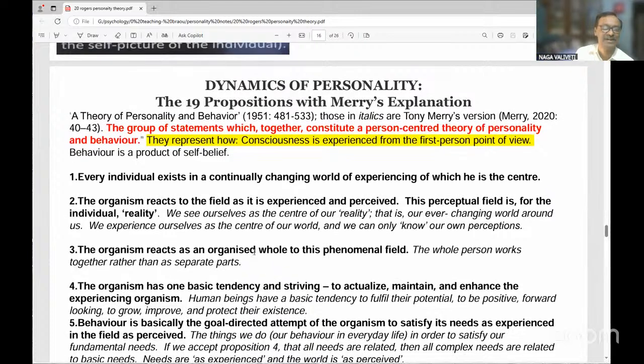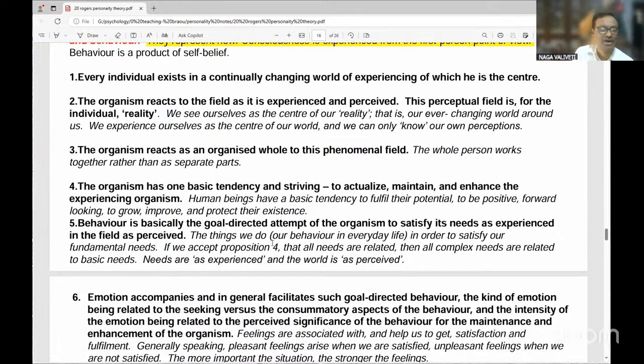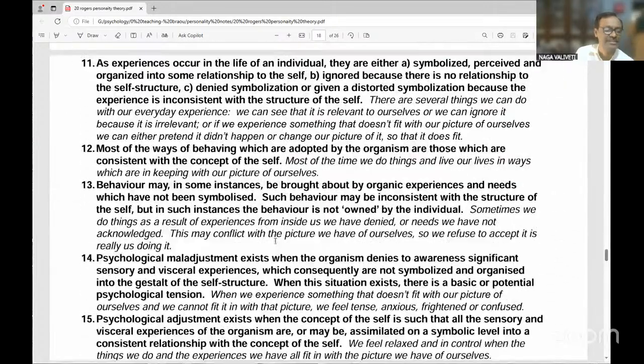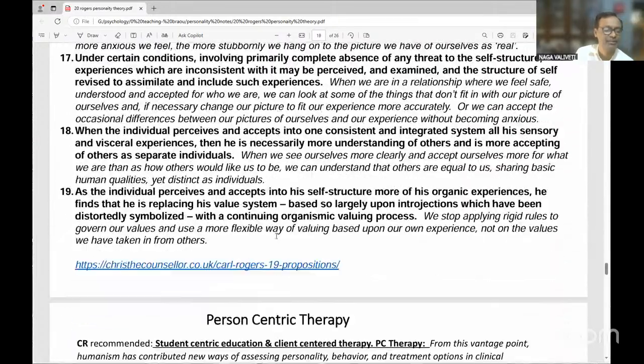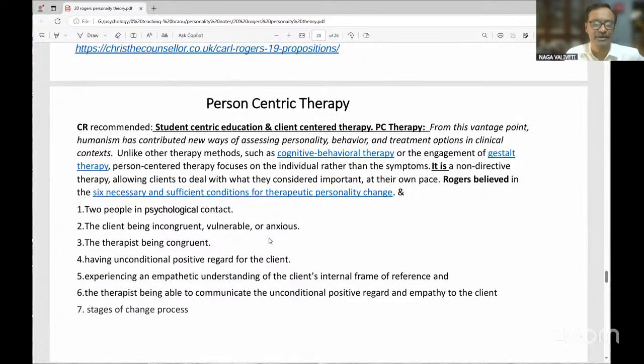Dynamics of the personality, 19 propositions they had given. So all that we have discussed, they have given in these 19 points. It is there in the book also. Person-centric therapy is a talk therapy. It is non-directive, meaning the client is very important.